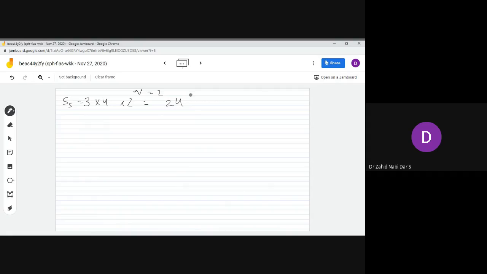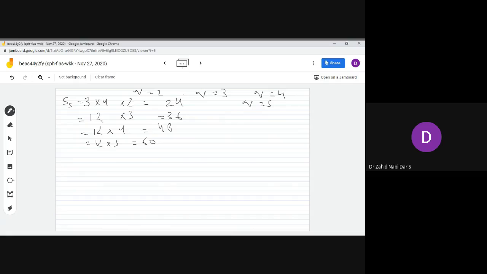Now vary the value of Q. Q equal to 3: this 12 will remain constant, 12 into 3, which is 36. In case Q is equal to 4, it would be 12 into 4, that is 48. In case Q is equal to 5, it would be 12 into 5, that would be 60.